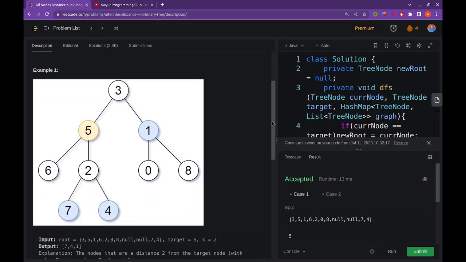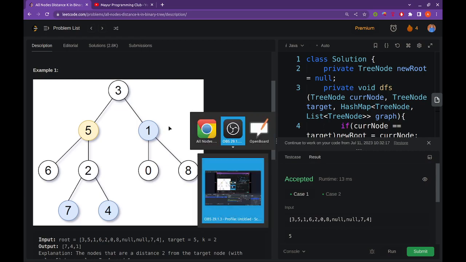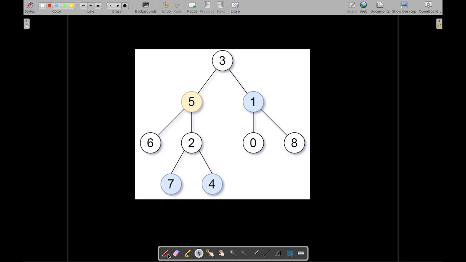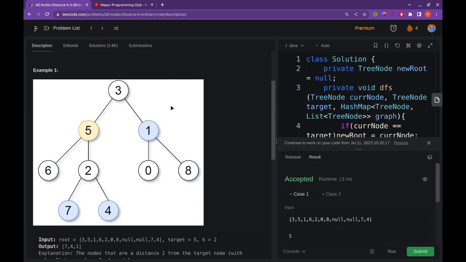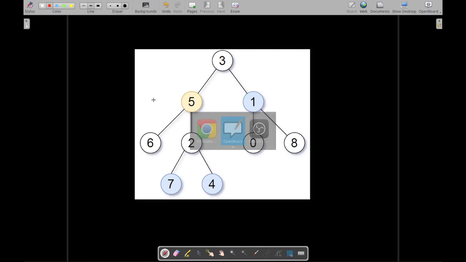So what the problem statement is saying is that, for example, if we consider this example, it will be giving us the root of the binary tree.